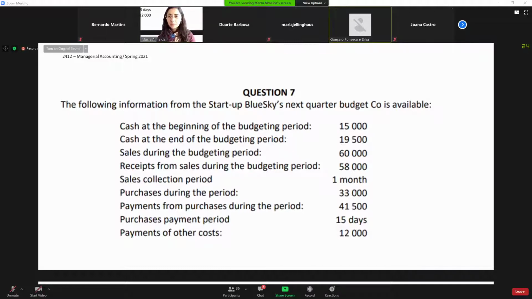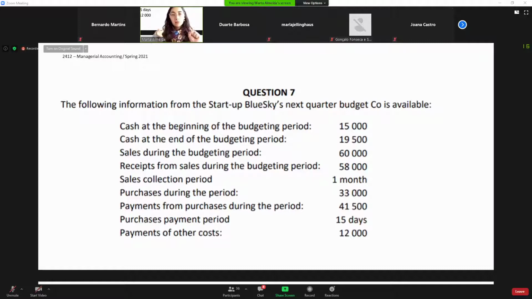Can you please just explain again what are those receipts from sales, please? The receipts from sales, the 58,000, is the amount that the company expects to receive, the cash it expects to receive from clients during the 3 months.